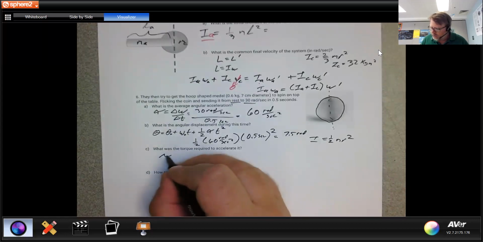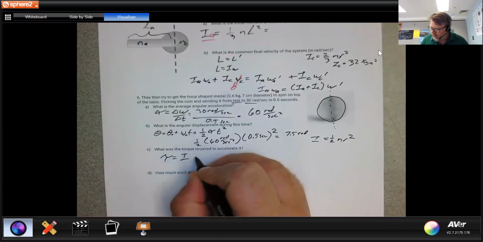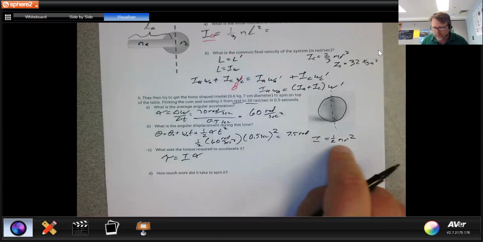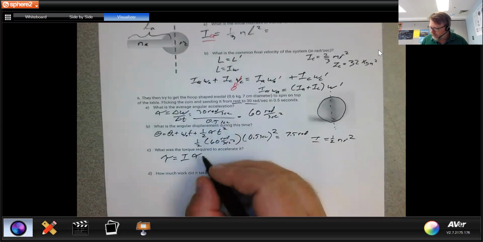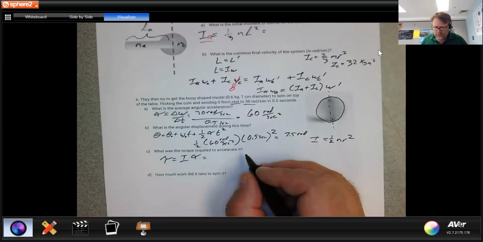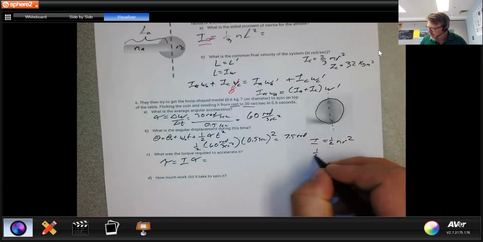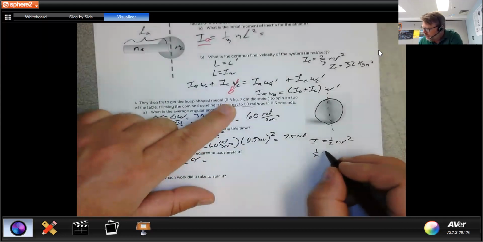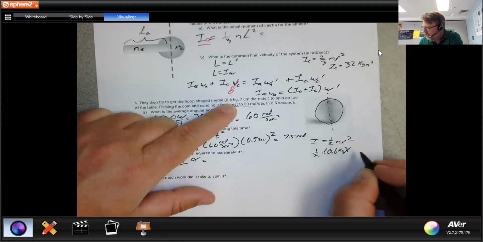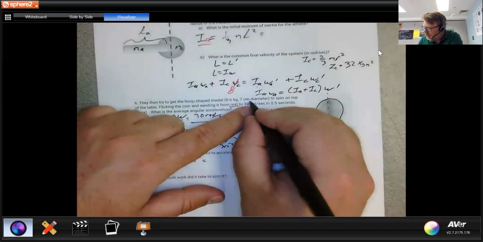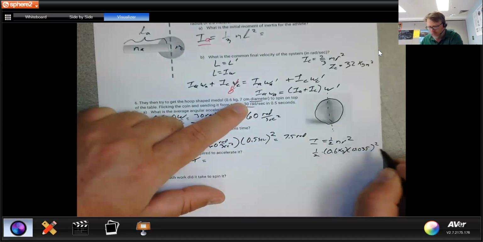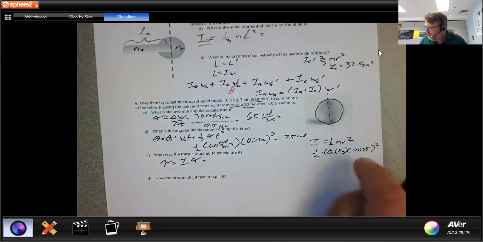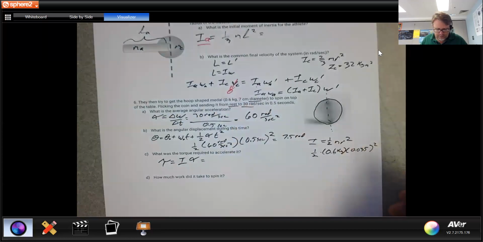And then next up, what is the torque required to accelerate it? So torque equals I alpha. Now we're seeing why we needed I here, and we already have alpha. So for this torque, it's 1/2 times 0.6. Make sure you're using R, not diameter, and you're in meters, not in centimeters.